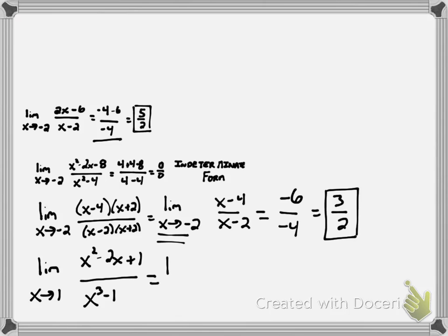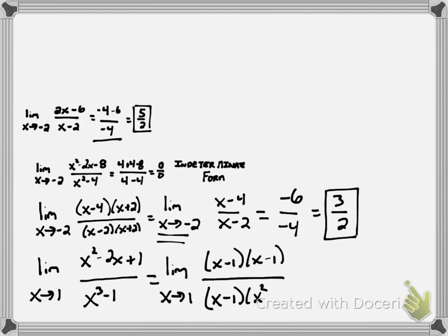I'm going to factor just to begin with, because I can see this does factor. The numerator factors into x minus 1 times x minus 1. The denominator is difference of cubes, and this one will factor into x minus 1 times x squared plus x plus 1.